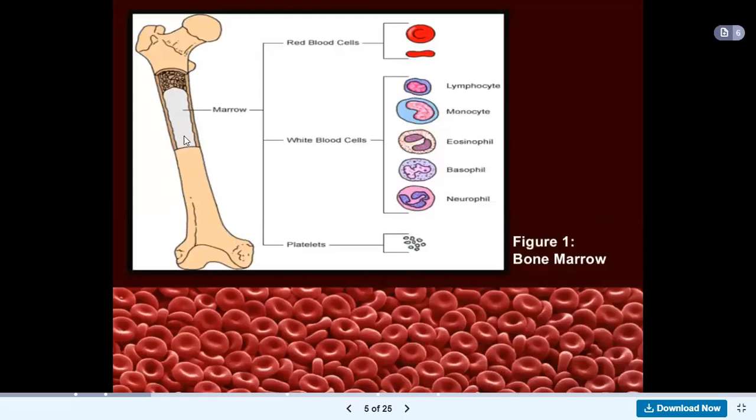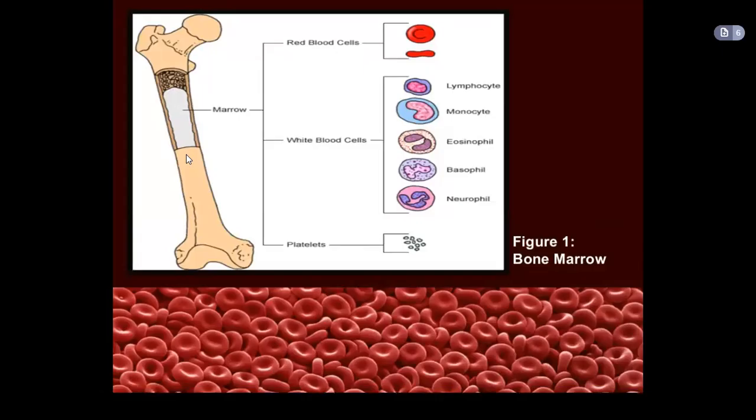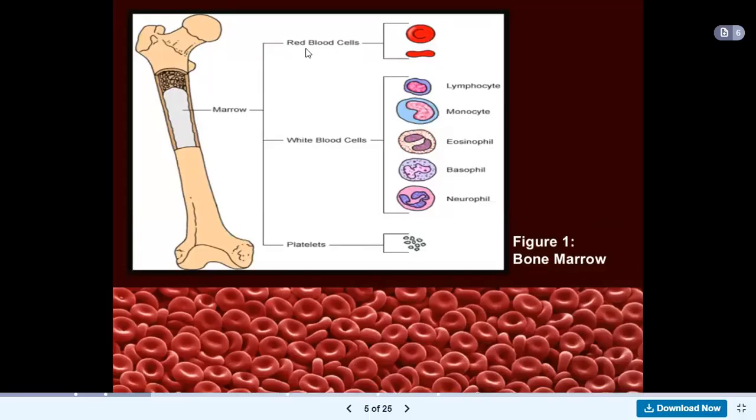Here we have a bone marrow, and this slide shows that it produces red blood cells, white blood cells, and platelets. But in aplastic anemia, the bone marrow has lost its ability to produce enough blood cells, and so we would have erythrocytopenia or anemia, leukocytopenia, and thrombocytopenia. So we would have pancytopenia.